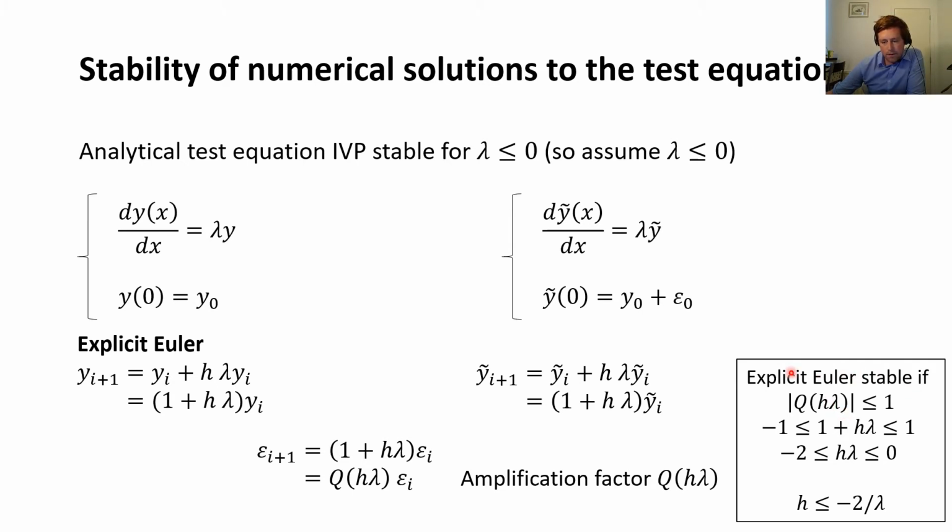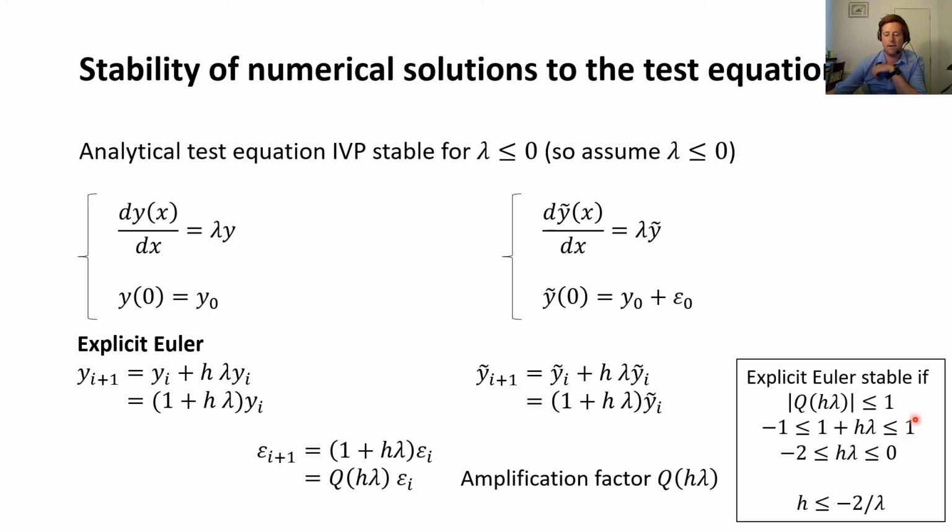Now this condition of stability, because we have these absolute value signs, we can rewrite this. We substitute that q is 1 plus h lambda, and we get rid of the absolute value signs by checking that it is larger than -1 and smaller than 1.